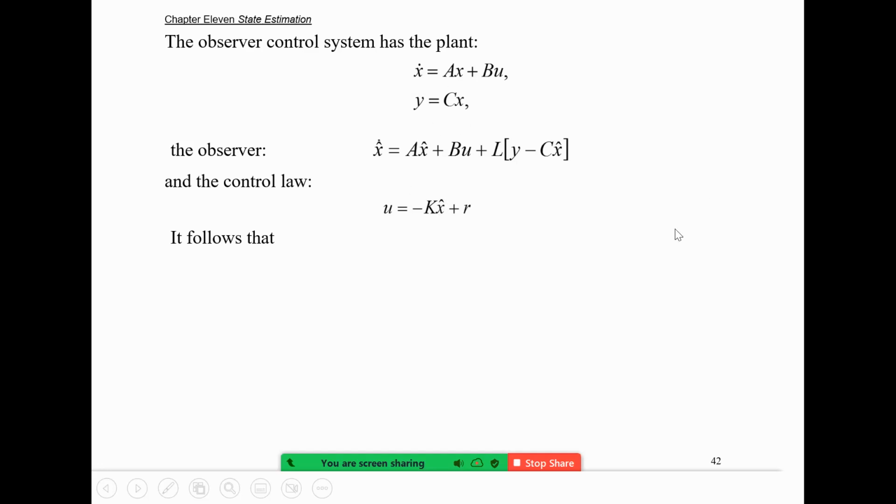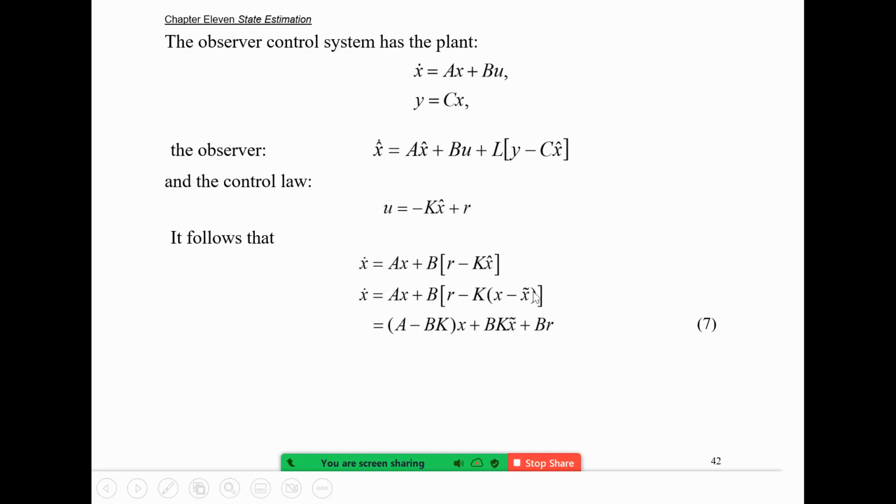Then we have to put the equations together. Let's analyze the dynamics of the closed loop. We plug the input into the system: x dot equals Ax plus Bu, but u is r minus kx hat.